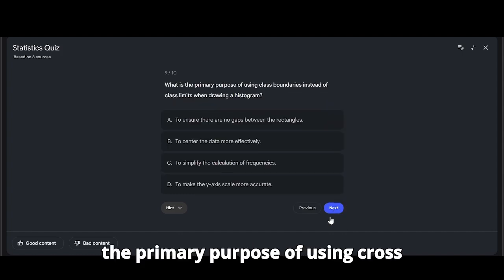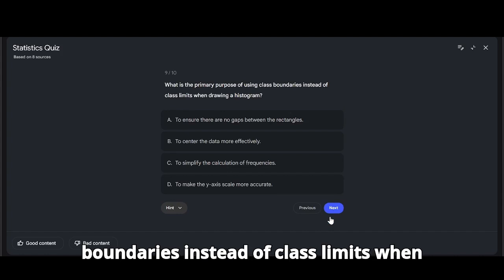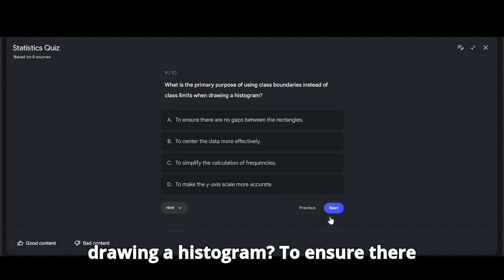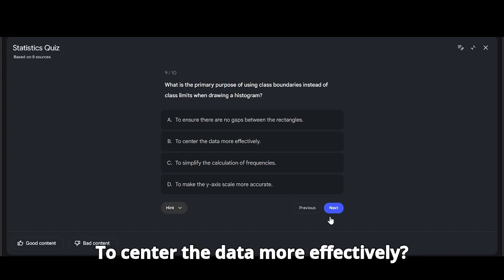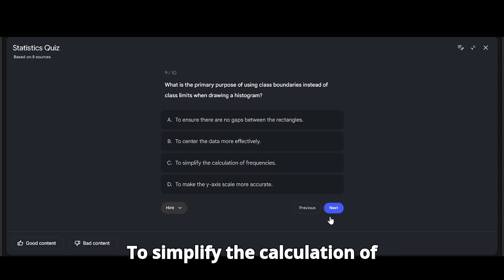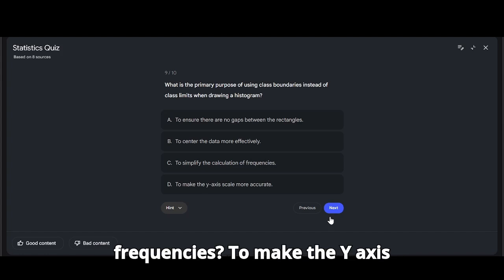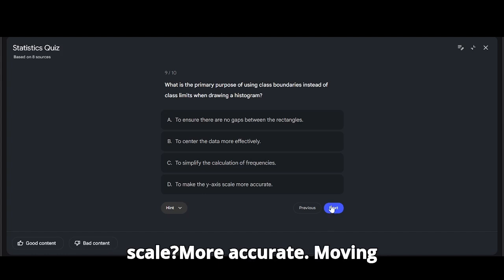What is the primary purpose of using class boundaries instead of class limits when drawing a histogram? To ensure there are no gaps between the rectangles, to center the data more effectively, to simplify the calculation of frequencies, or to make the y-axis scale more accurate.